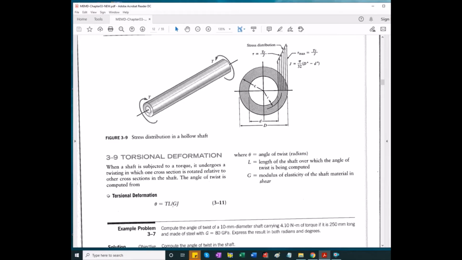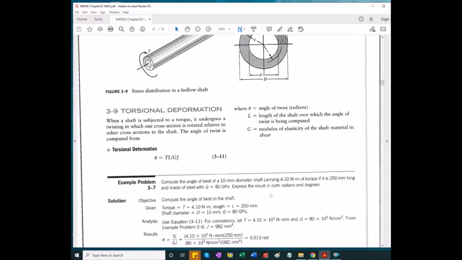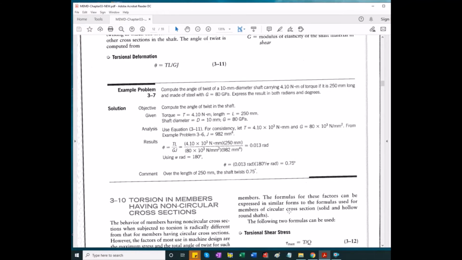There's a relationship that combines E, Young's modulus, G, modulus of elasticity in shear, and Poisson ratio. Likewise, this should be in parentheses. Put this equation in Excel without parentheses, you get wrong answers.